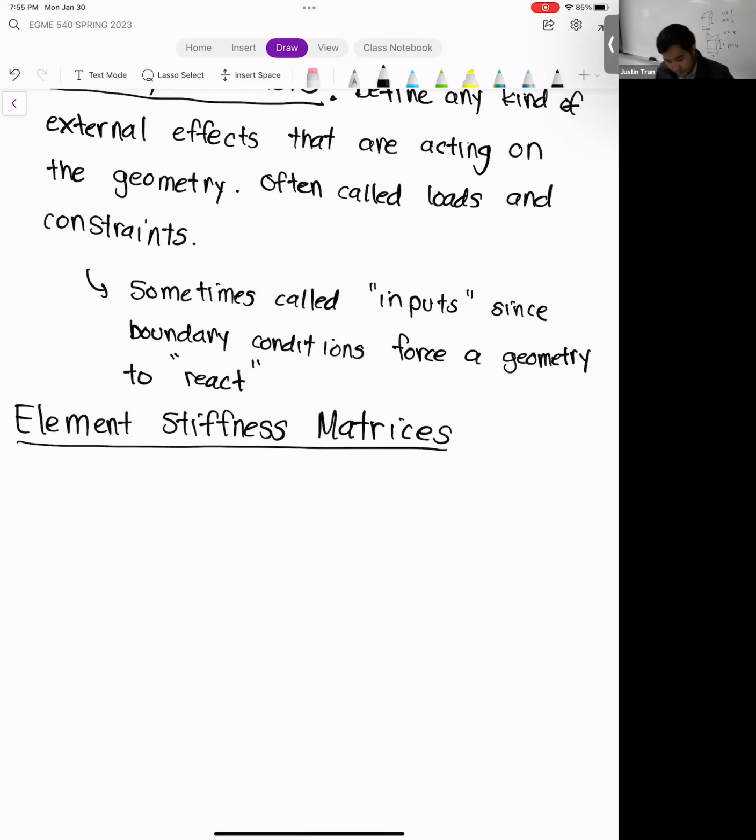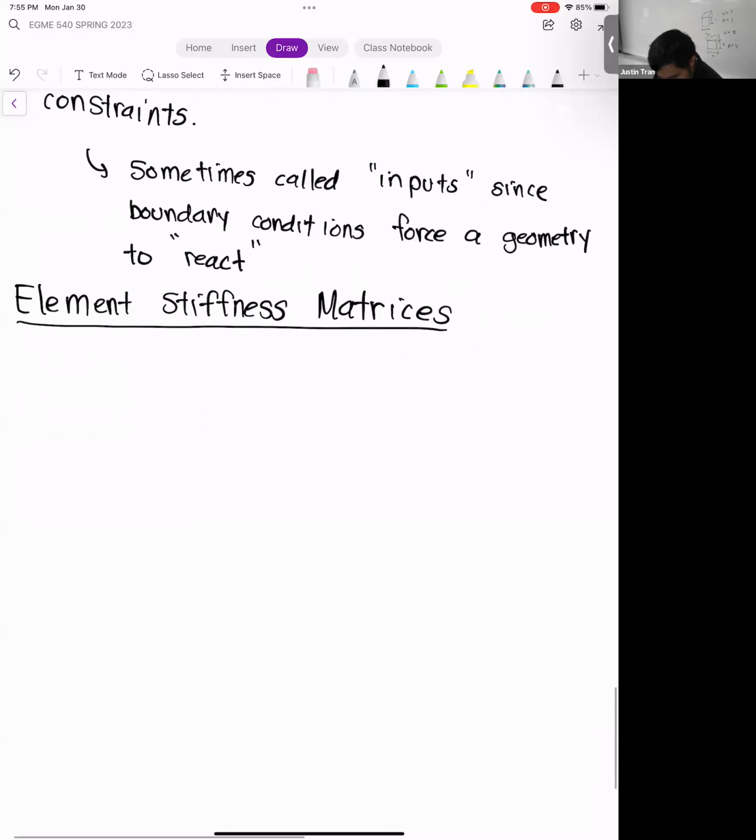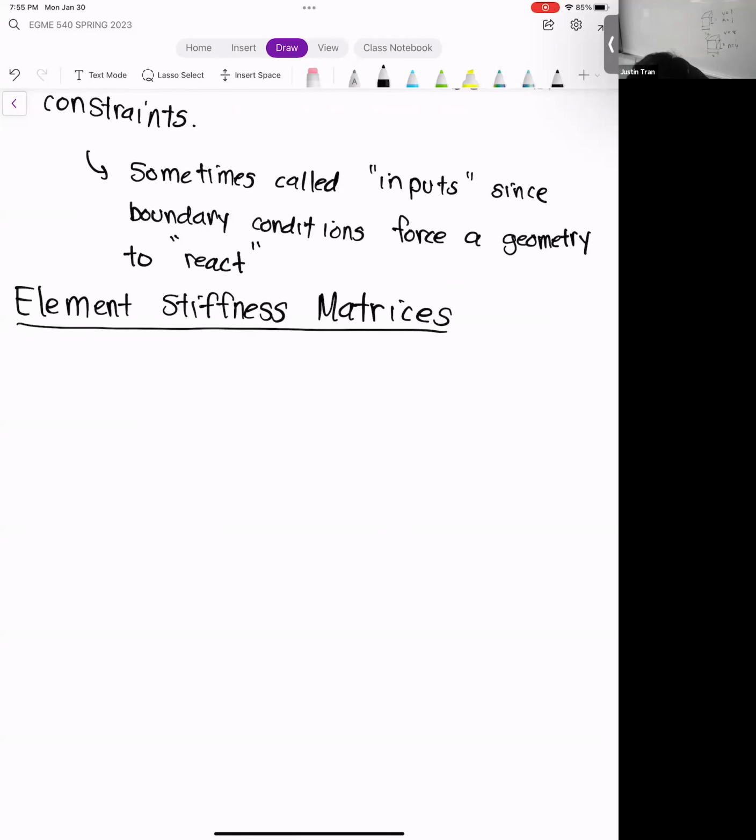We talked at the beginning of class today that FEA basically is a method to take a differential equation and turn it into a matrix set of equations. Okay.